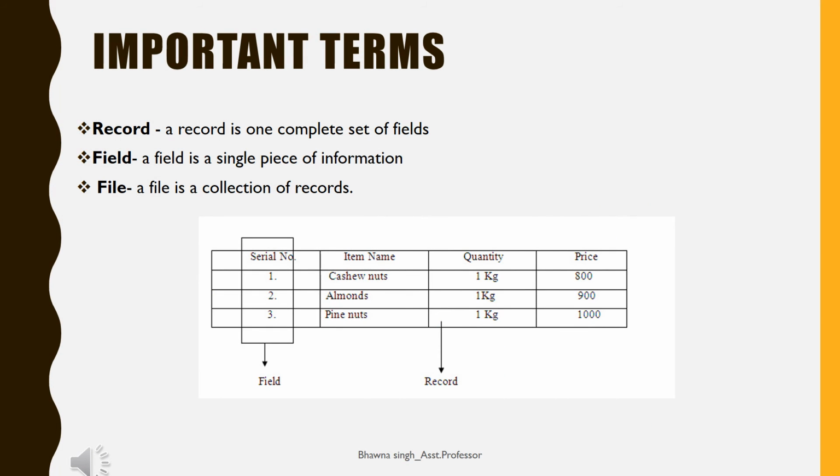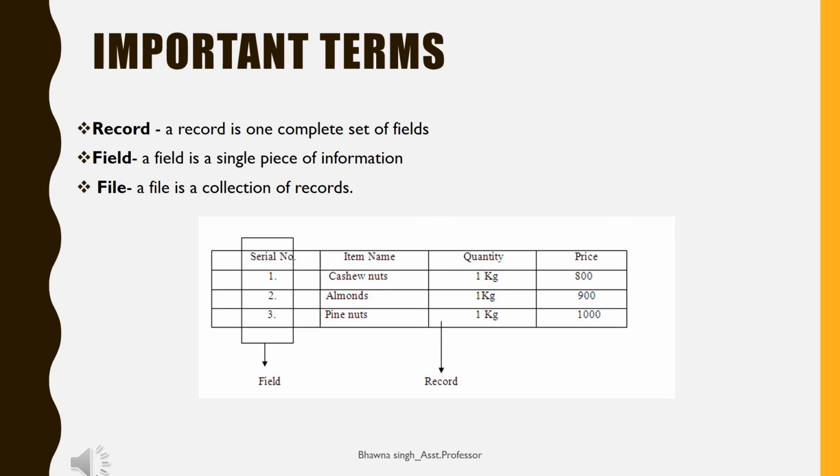Now these are the important terms that are widely used in a DBMS system. We will discuss each one of them with the help of this table. As you can see in this table, a field defines the individual element of a particular column. For example, in this table, serial number, item name, quantity, price, all these are the individual fields, and the record is the complete set of fields.